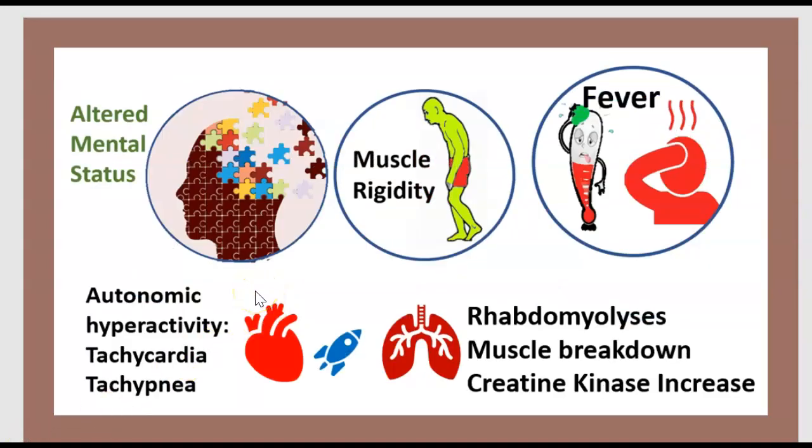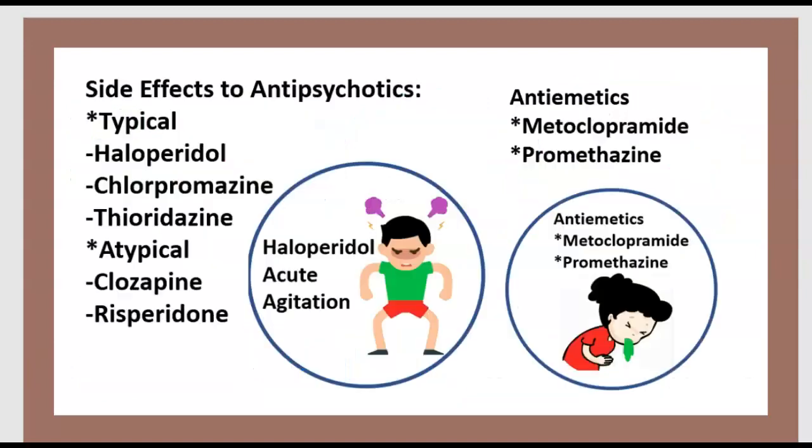Neuroleptic malignant syndrome: altered mental status, muscle rigidity, and fever. Autonomic hyperactivity, tachycardia, and tachypnea. Rhabdomyolysis, muscle breakdown, creatine kinase increase. Cause: side effect of antipsychotic, typical haloperidol, chlorpromazine, thioridazine, and atypical clozapine and risperidone.